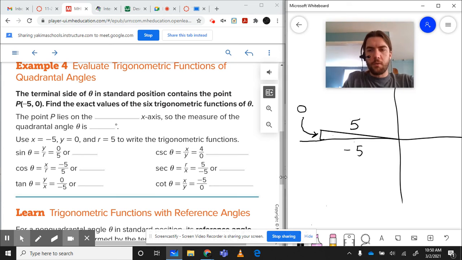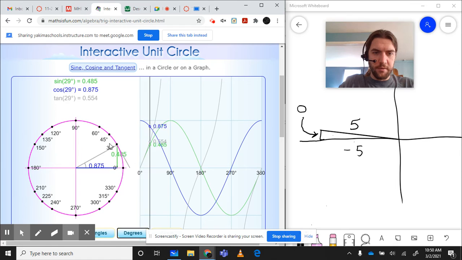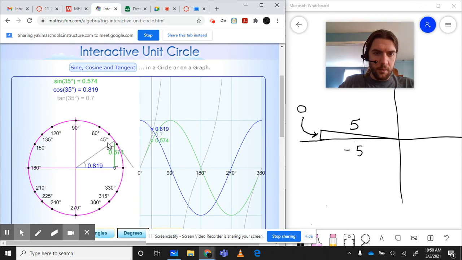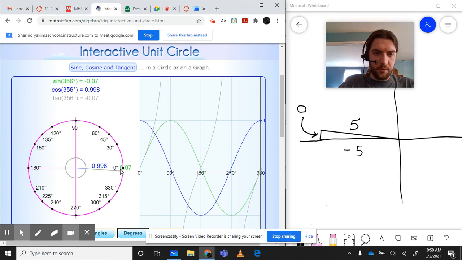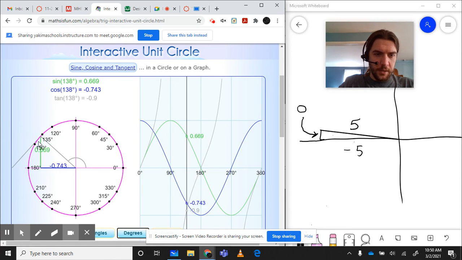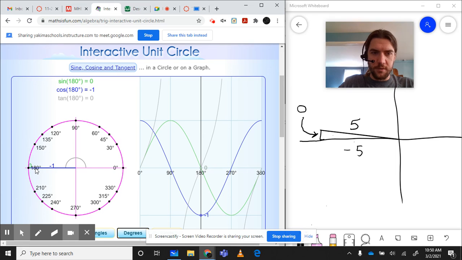So anyways, when we are right along those axes, when we're at those quadrantal angles, this is kind of what I would recommend imagining. Just follow along with that idea of moving that right triangle along the inside of a circle, keeping one of your legs on the x-axis at all times, that blue leg, the adjacent side, and imagining what we're talking about when we reduce that opposite side down to 0.